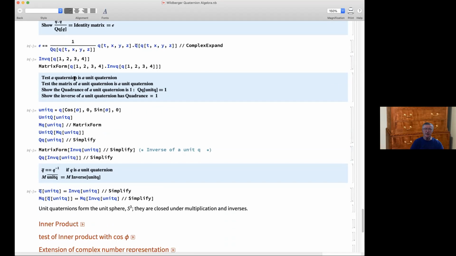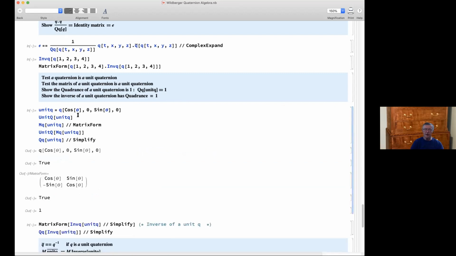So we can test that a quaternion is a unit quaternion. We can test that the matrix of a unit quaternion is a unit quaternion. We can show that the quadrants is 1, and therefore we can show that the inverse of a unit quaternion is its conjugate. So I defined a unit quaternion with cosine theta as the first element, 0 for x, sine of theta for y, and 0 for z.